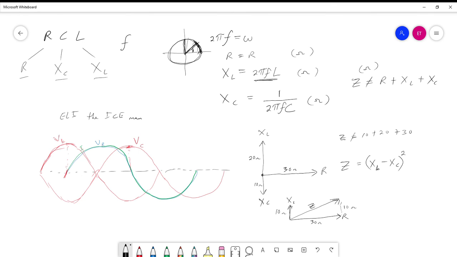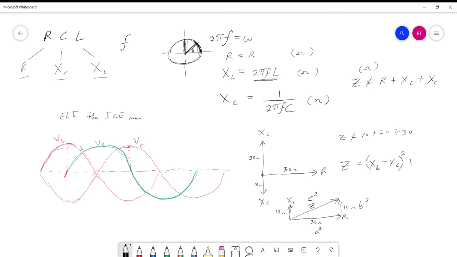You square that, because it's going to be a squared plus b squared equals c squared, right? Because it's a right triangle. So a squared is the net reactance. I'm sorry, that would be b squared, wouldn't it?